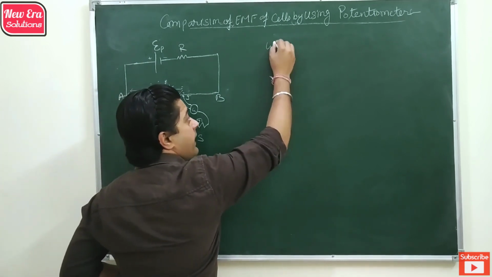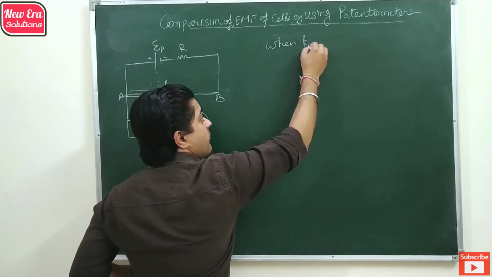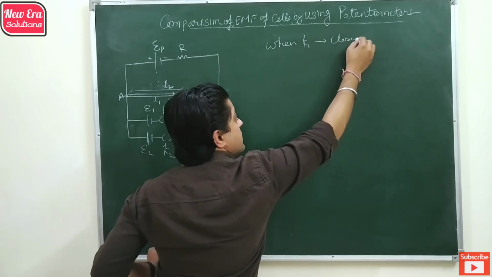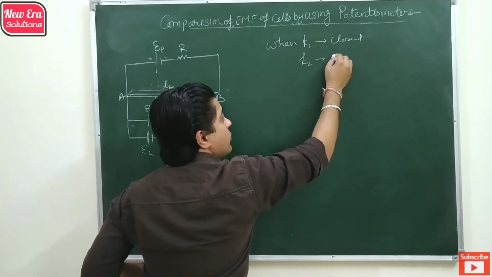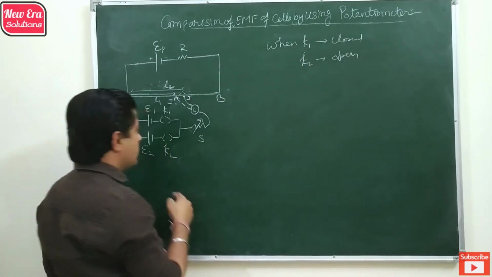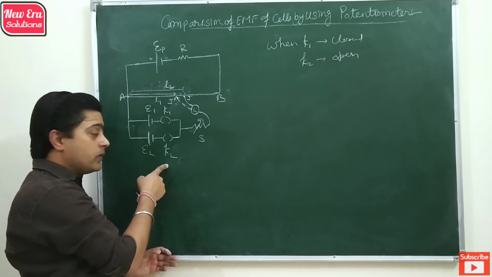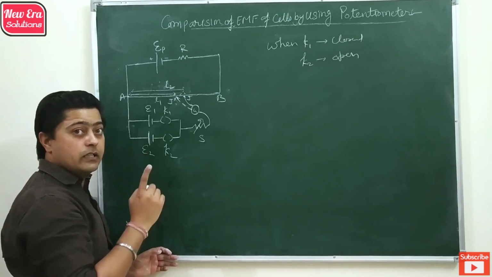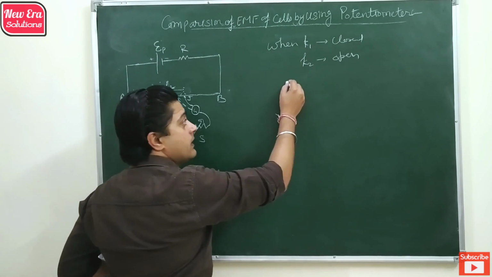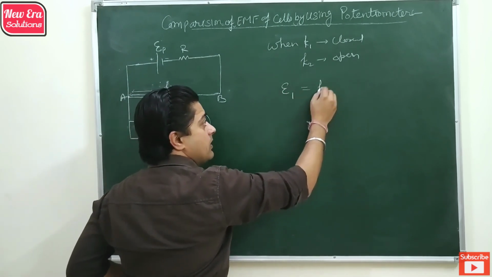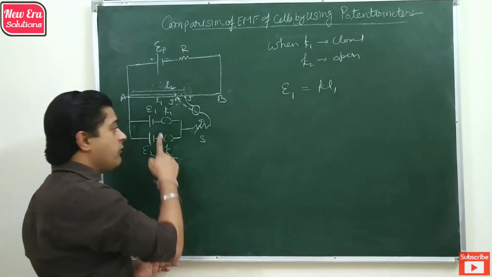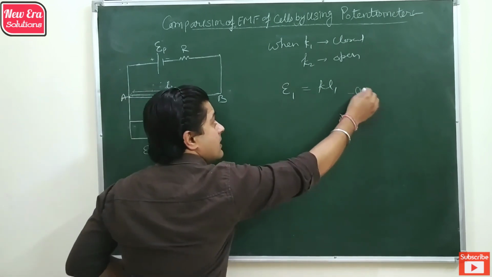When key K1 is closed and K2 is open, that means the E2 cell is not affecting the circuit, then the balance length L1 provides the EMF of the first cell.